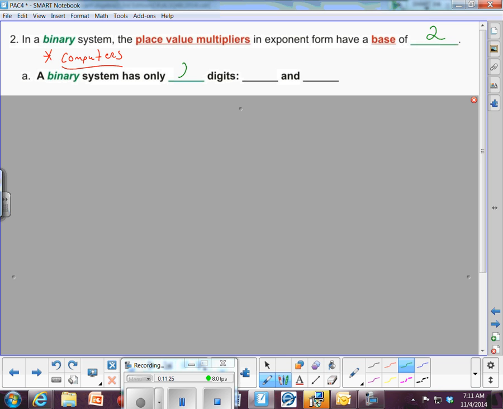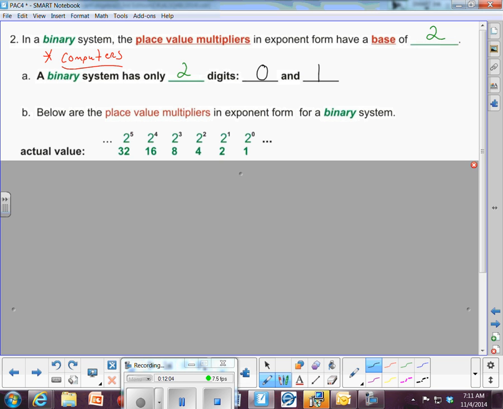The answer is only 2. What are they? Well, remember, you have to have 0, and therefore the other one is 1. In a computer, it would be on-off. It's either going to be an on or an off, a 0 or a 1. That's it. That's how your whole computer, what you're watching me on right now, is based upon a binary system in its core.